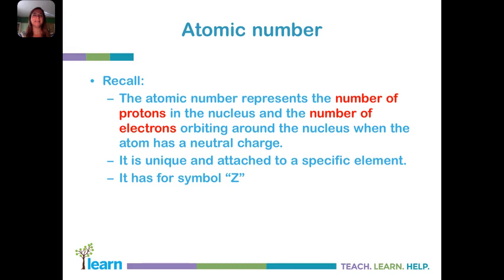There are the same number of protons as electrons, and we know that because we can refer to the atomic number, which is unique and attached to a specific element. As long as you have the same number of protons, you have the same element. And the symbol to represent the atomic number is Z.